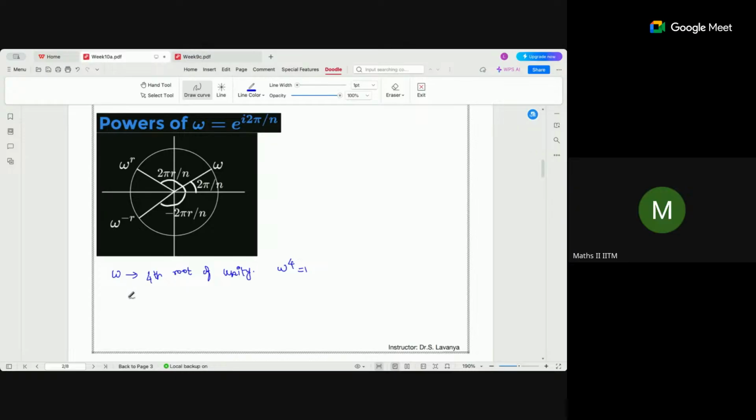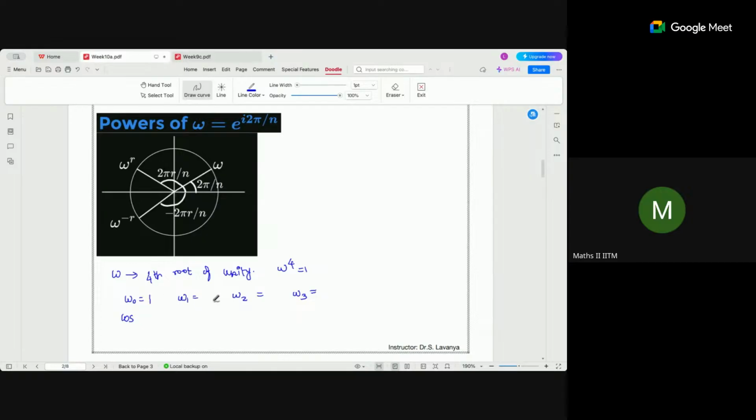So what are omega naught, omega 1, omega 2 and omega 3? What are the n roots? You have 1, right? When you take k equal to 0, you have cos 0 plus i sin 0, which is 1.